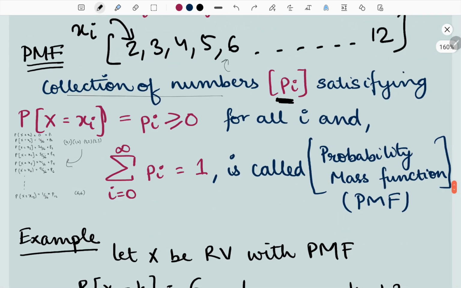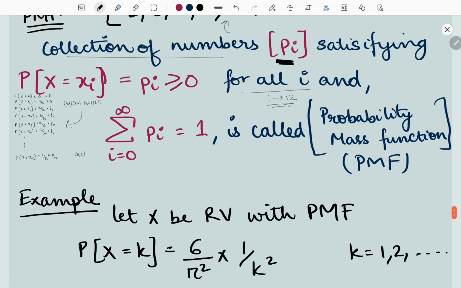Now for all i, we did from 1 to 12, and the sum of pi from i equals 0 to infinity equals 1. Here we needed to use infinity. We can just say that the sum of pi up to 12 will be equal to 1, which will be true.